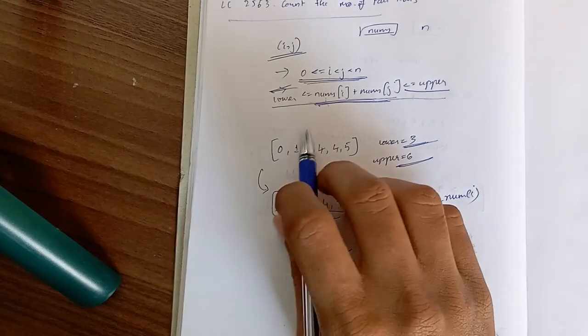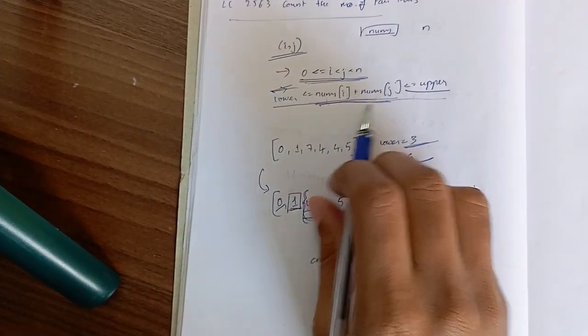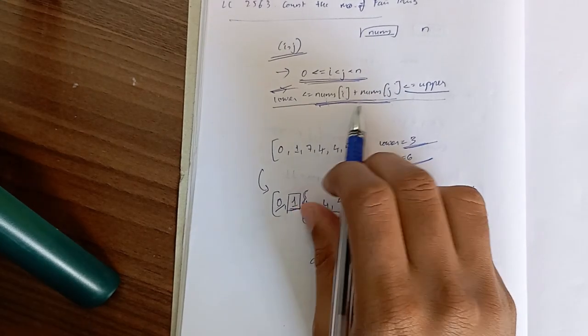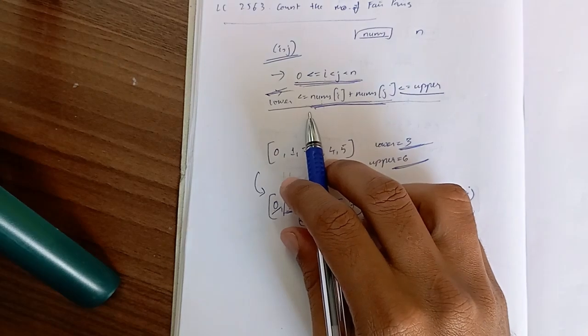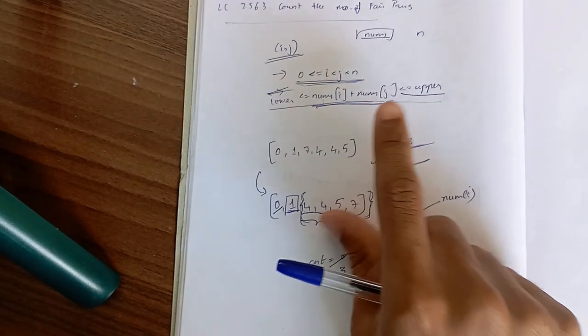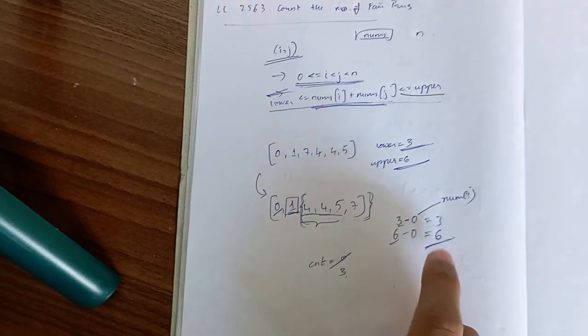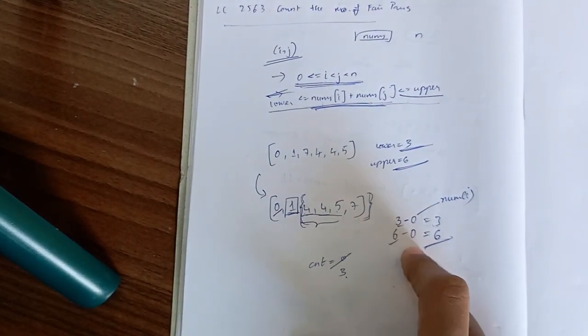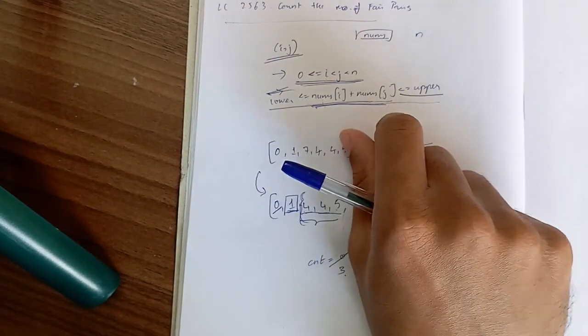You might be thinking, what about the condition i is less than j and nums of i plus nums of j is less than or equal to upper and greater than or equal to lower? We are satisfying this condition. Nums of i plus nums of j is coming under the lower and upper range.